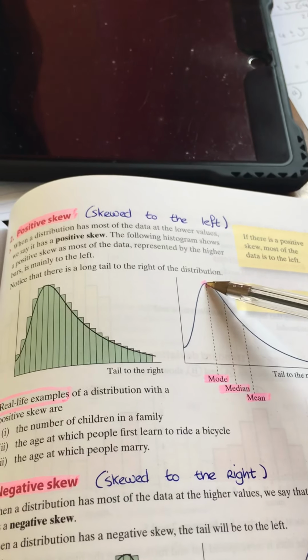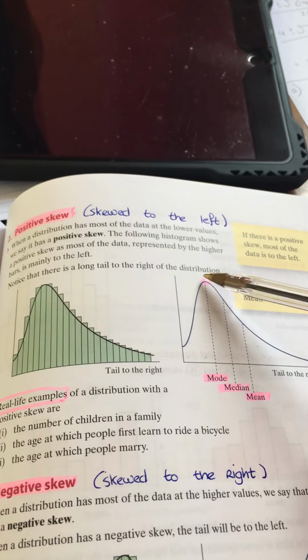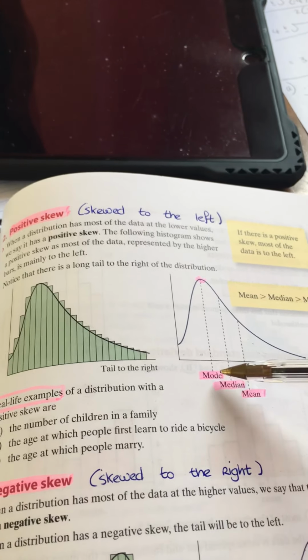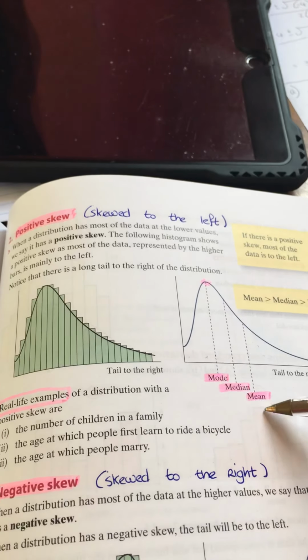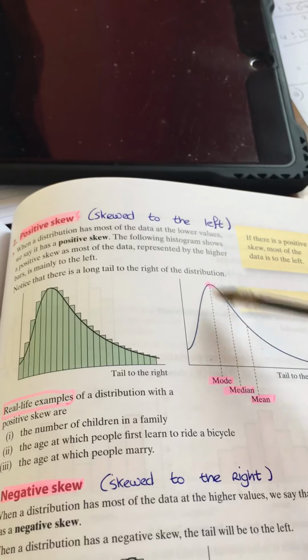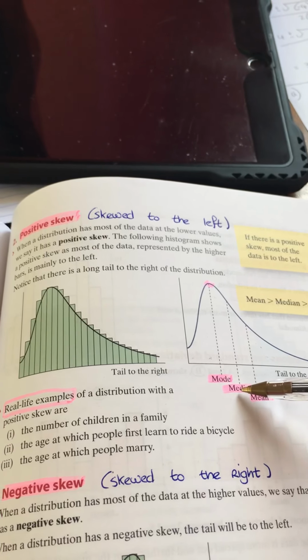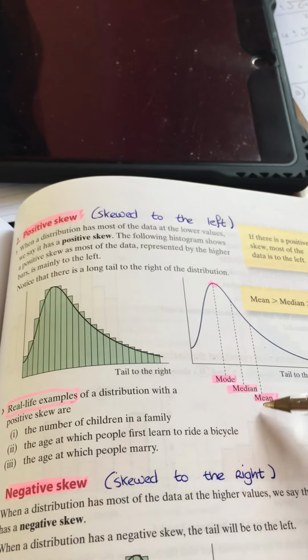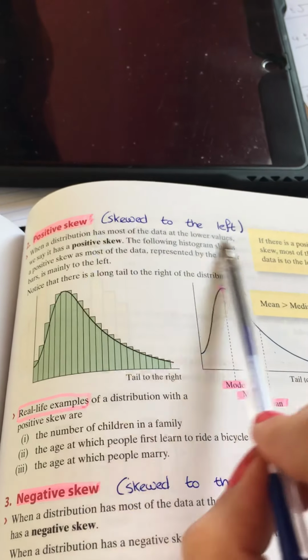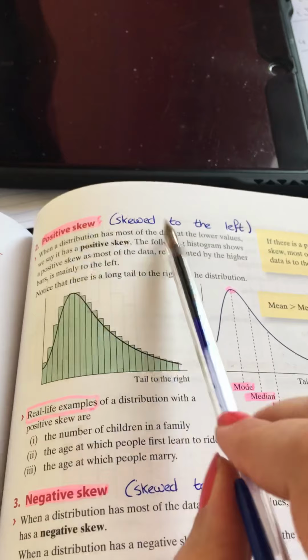The mode is the most common, so that'll be the highest. The median is next because the median is the middle. So the median is the middle of the mode and the mean. That's how I learn it: mode is the highest, median's in the middle. You do need to know where they fall, and you need to know that positive skew is to the left. That's as important as the positive part.